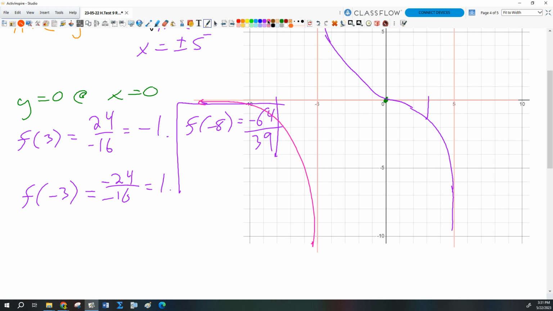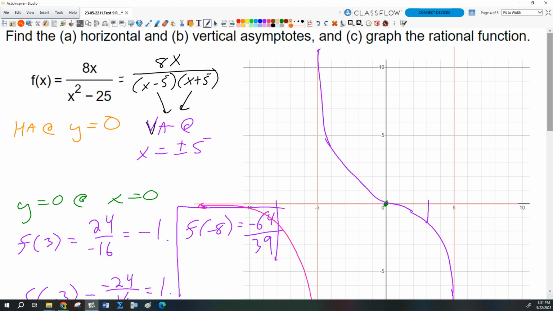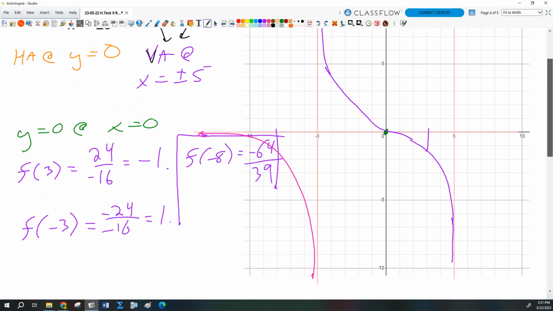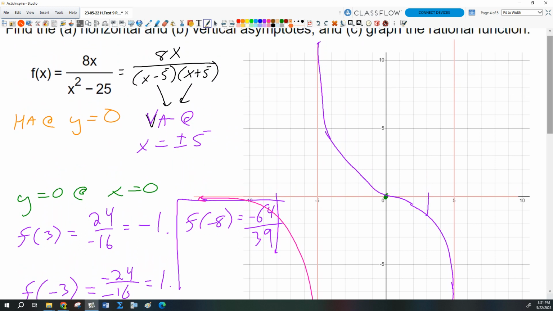Good, everybody agree? Okay, and then I would just have to check a point out to the right of the asymptote at x equals 5. We'll just check 8, right? So if I plug 8 into this thing, I'm going to get positive 64 over positive 39, right?